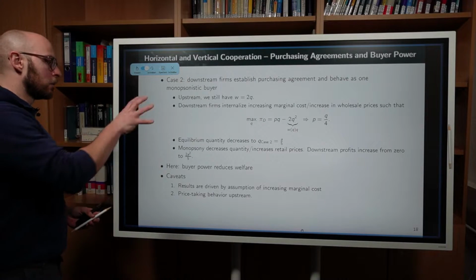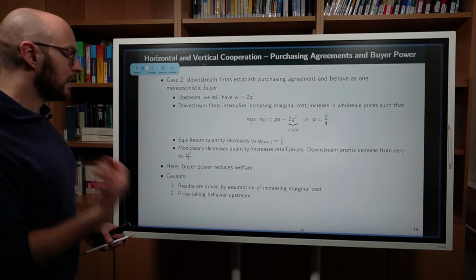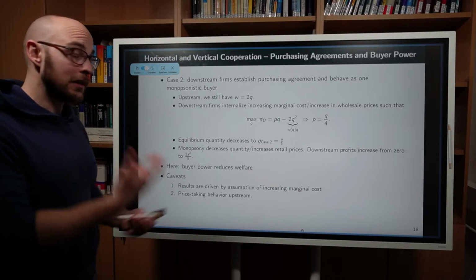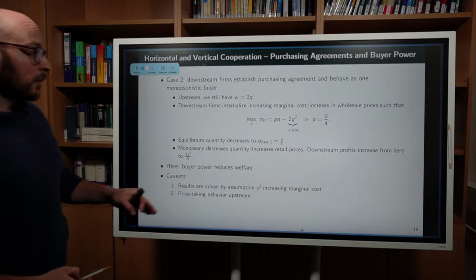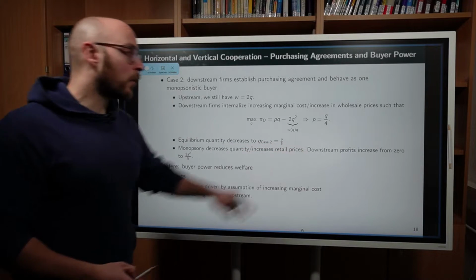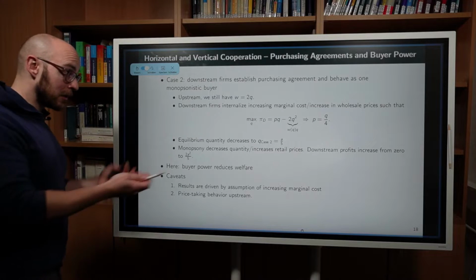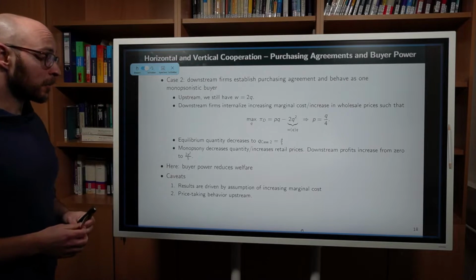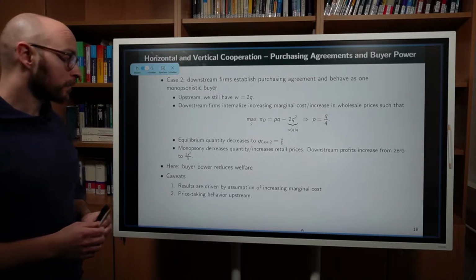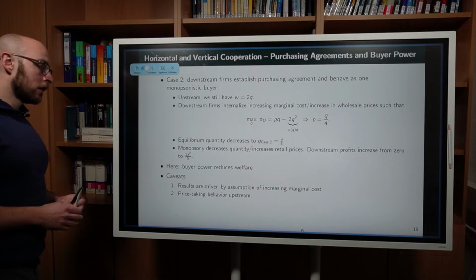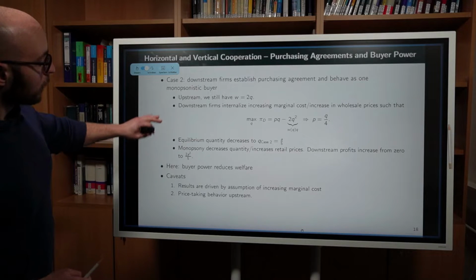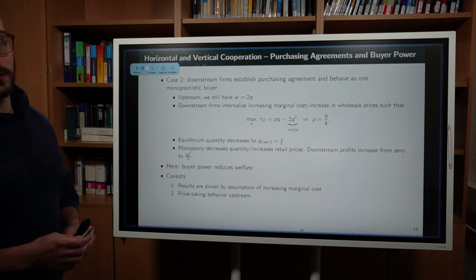That means that monopsony would be bad because it decreases the quantity, which means that it increases prices, right? The downstream firms now realize profits, which is clear because they charge basically a premium on their marginal cost. So what we would say here is that buyer power reduces welfare.